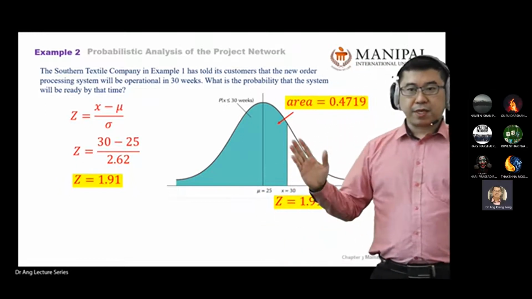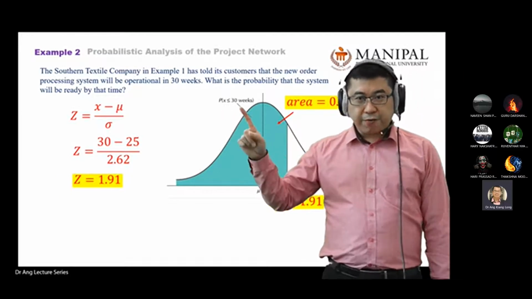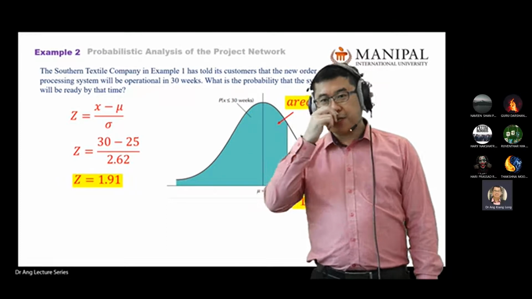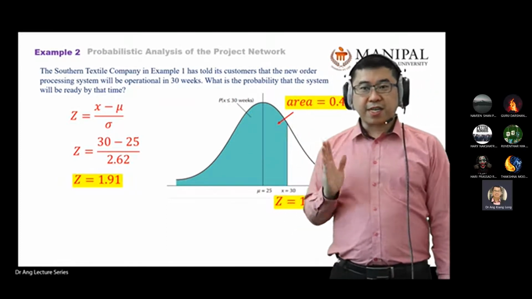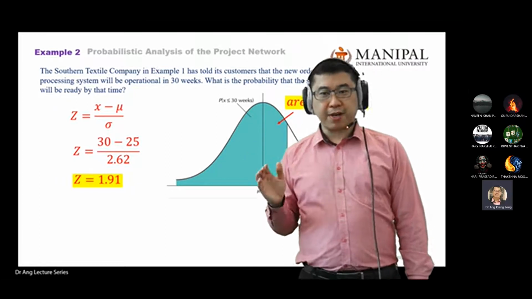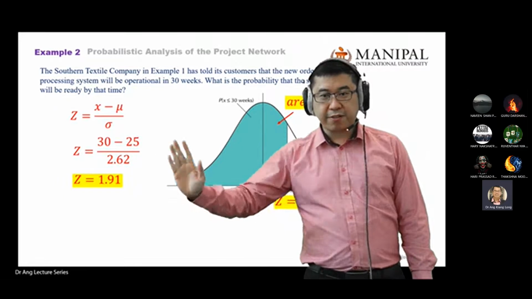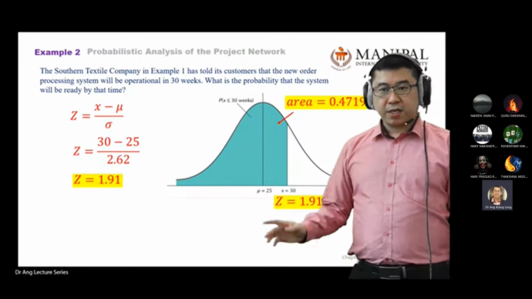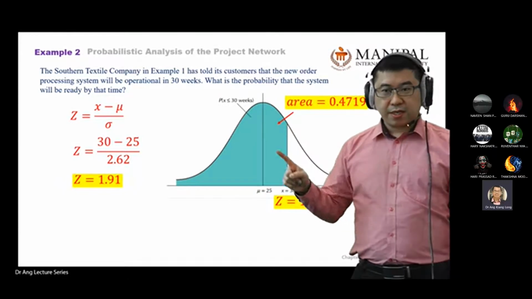Okay, if the project can finish within 25 weeks, and now your boss promised your customer 30 weeks, you know that the success rate is more than 50%, right? So you need to add another half on the negative side. Okay, and the negative side is 47.19 here.